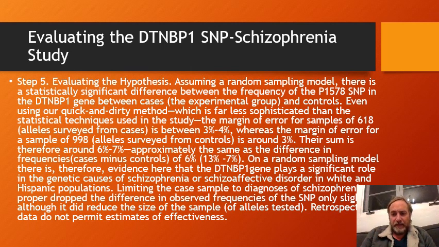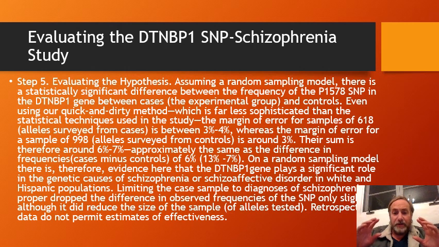two different alleles, genetic markers. So that's 3%, so the sum is around 6 to 7%. That's your margin of error, like the sum of the margins of error.